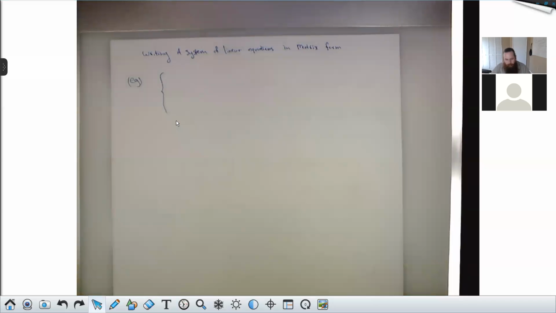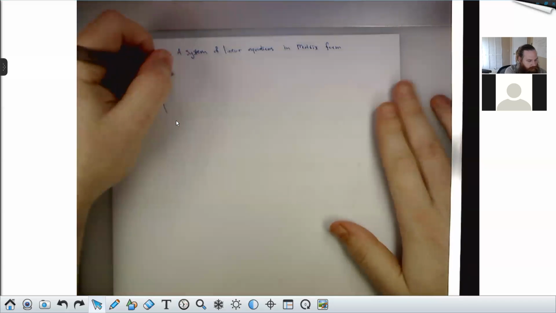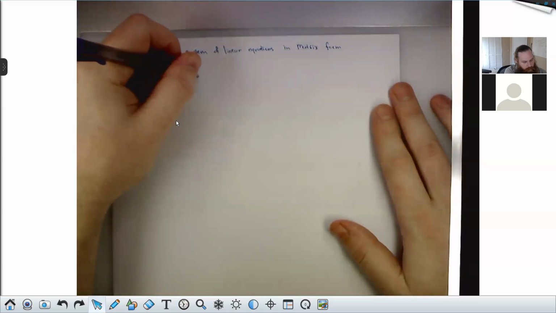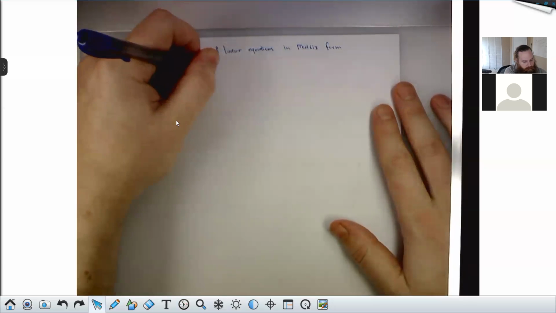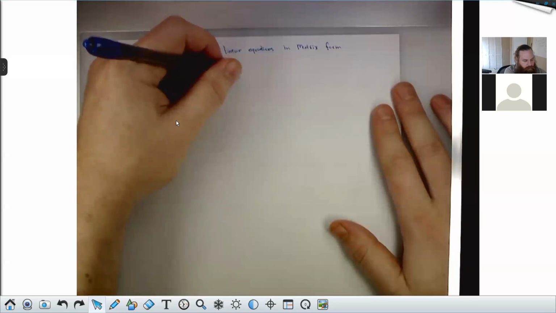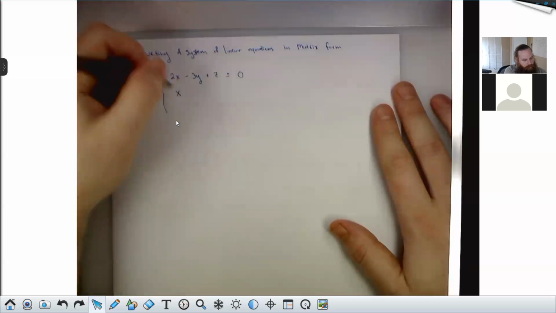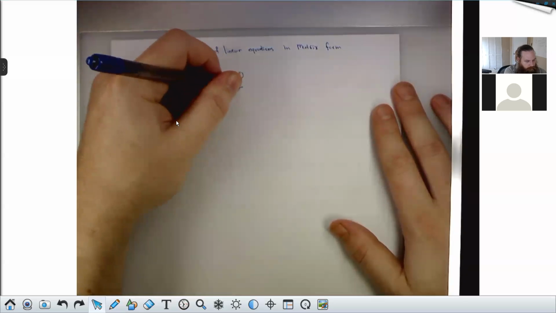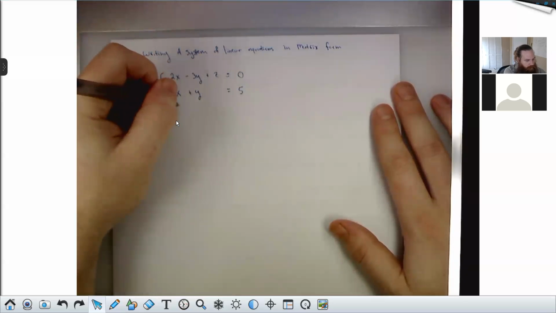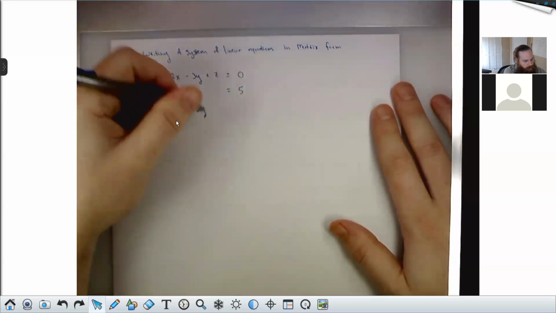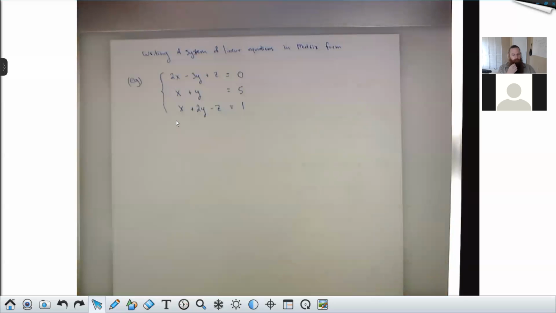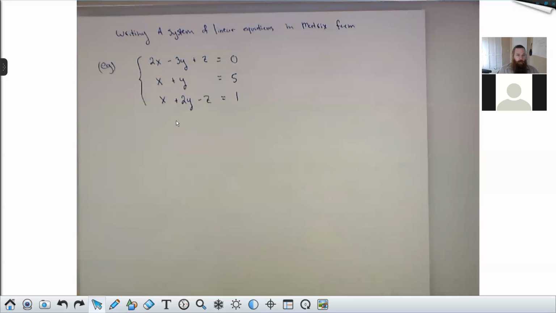Nah, not for the first one. Let's take 2x minus 3y plus z equals 0, x plus y equals 5, and let's do x plus 2y minus z equals 1. This is a 3 by 3 system.